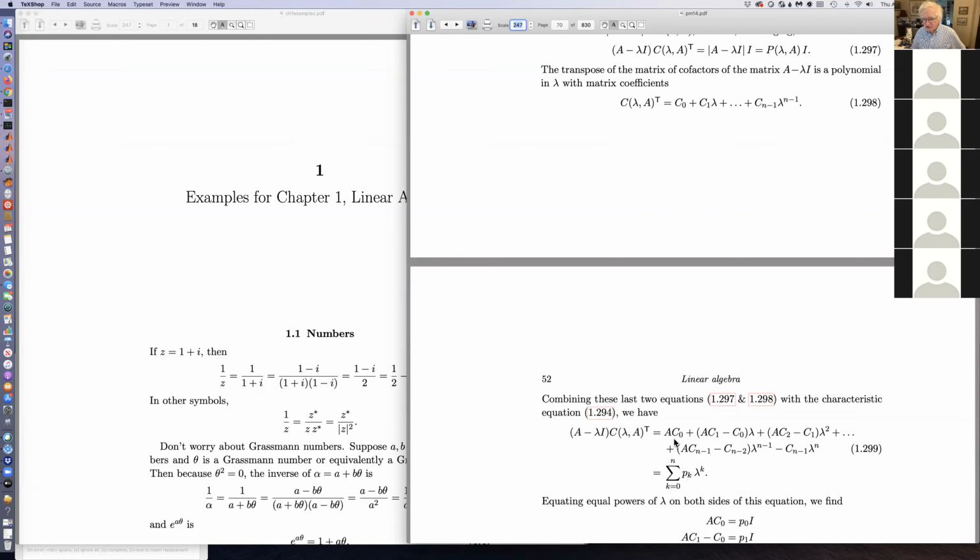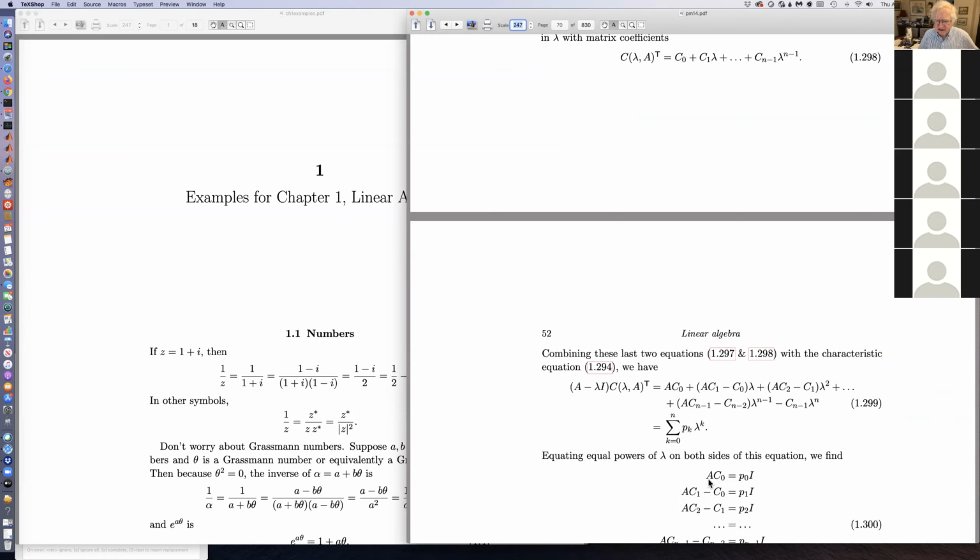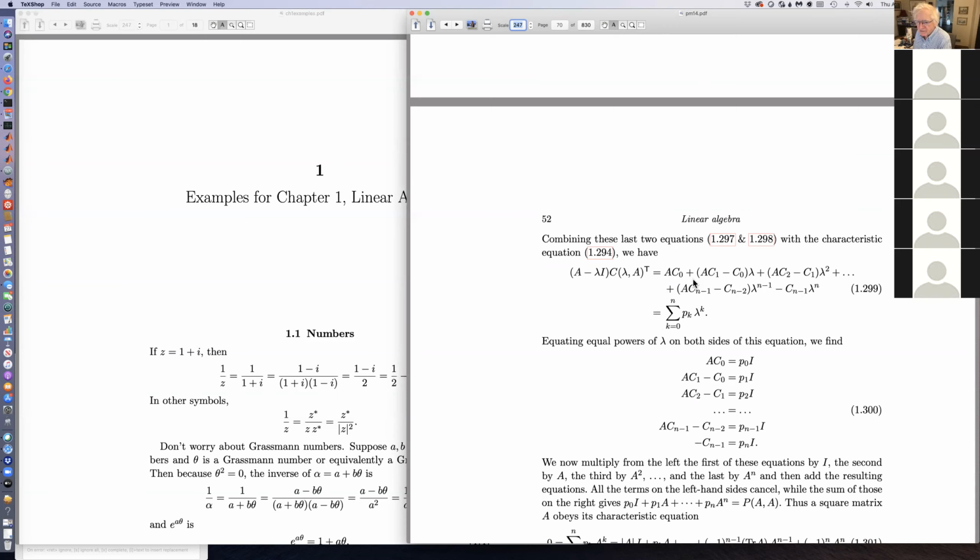And we already know that that is equal to the characteristic polynomial times the identity, which is to say this. I left out the identity. Maybe I should put it back in. Anyway, what you do now is you just equate equal powers of lambda on both sides of the equation. The lowest power of lambda on this side is A C0, and so it has to be P0 times the identity.